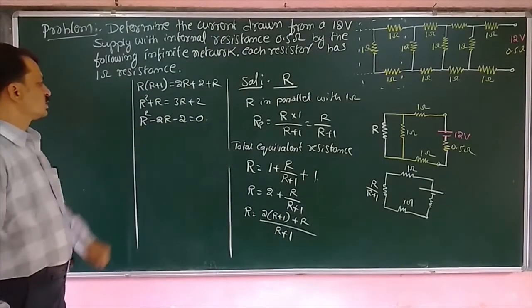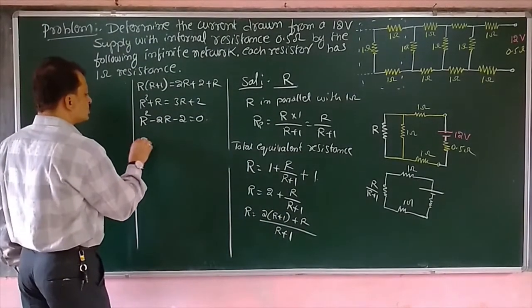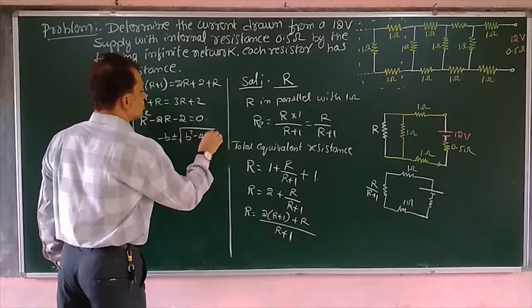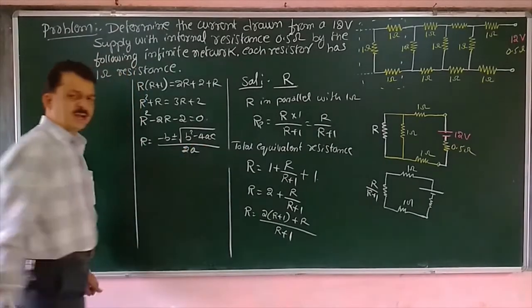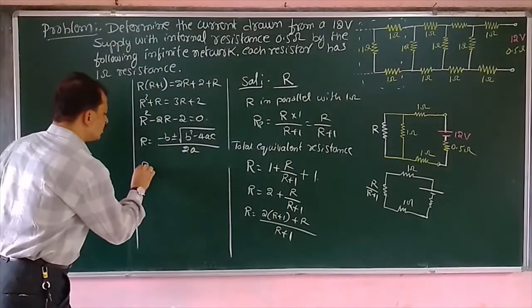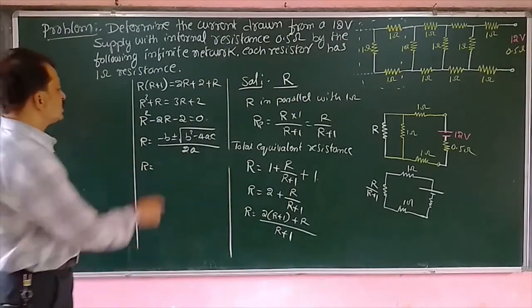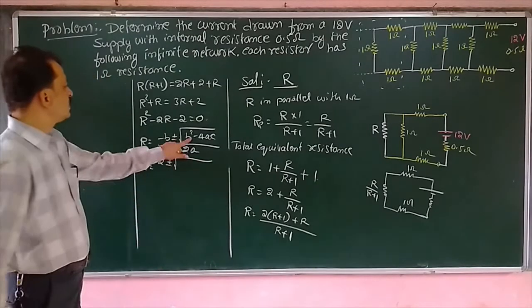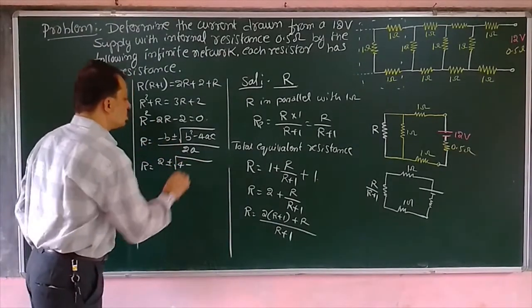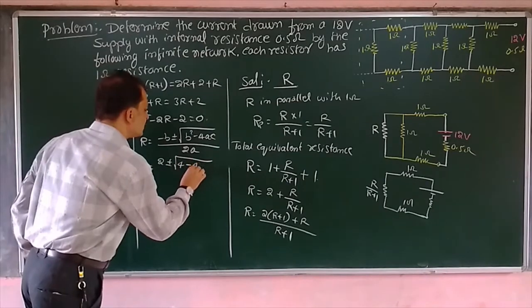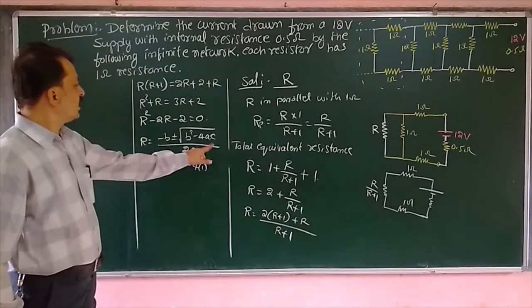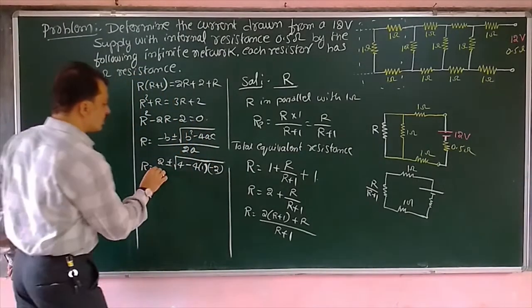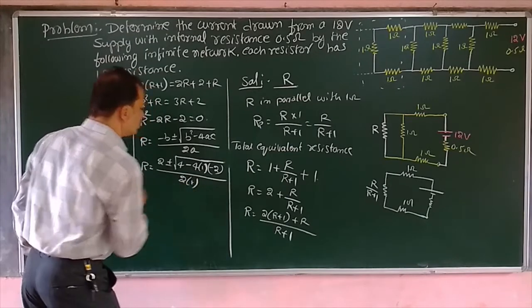0. Now solving this quadratic equation by using the relation minus b plus or minus square root of b square minus 4ac divided by 2a. By using that relation, the roots of this equation become, minus b means it is plus 2, plus or minus square root of b square, 2 square is 4 minus 4 into ac, a is 1 and c is minus 2, divided by 2a, that is 2 into 1.